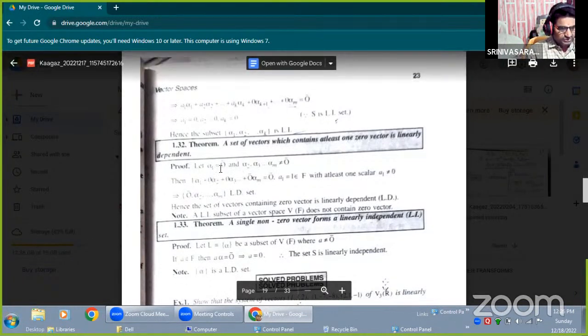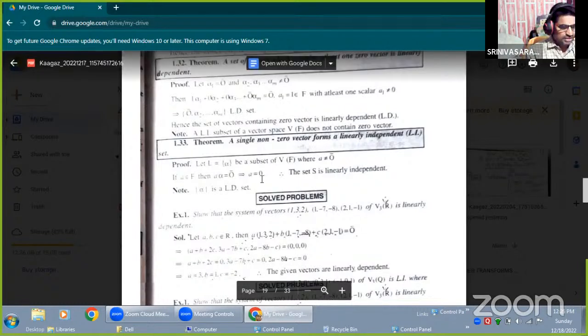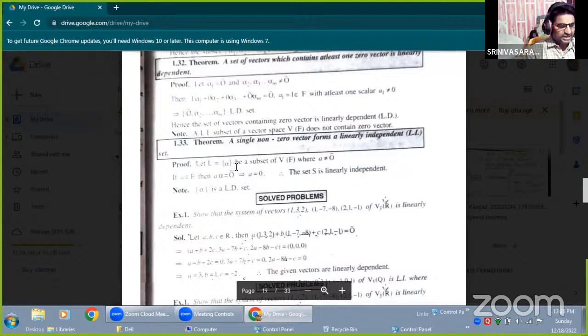Okay, now the next one: a single non-zero vector forms a linearly independent set. To write the linear combination, let V of F be a vector space, and the subset of vectors be alpha. Here alpha is a non-zero vector, meaning alpha is not equal to 0 bar.